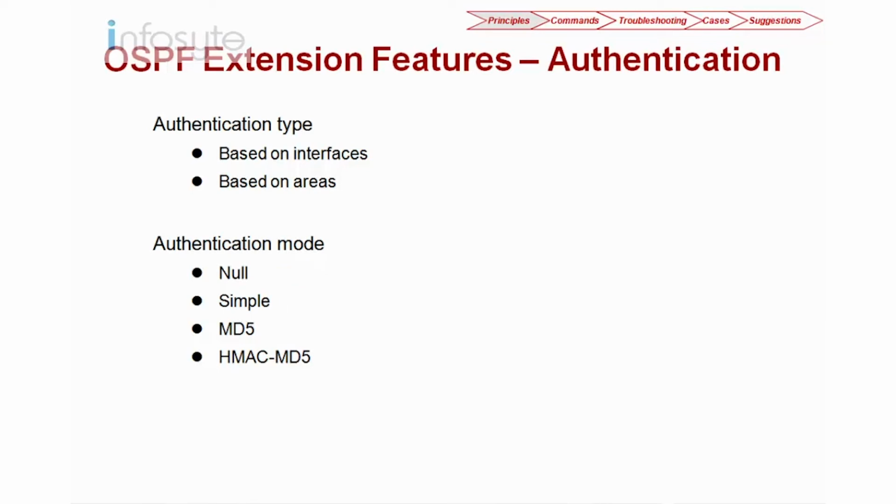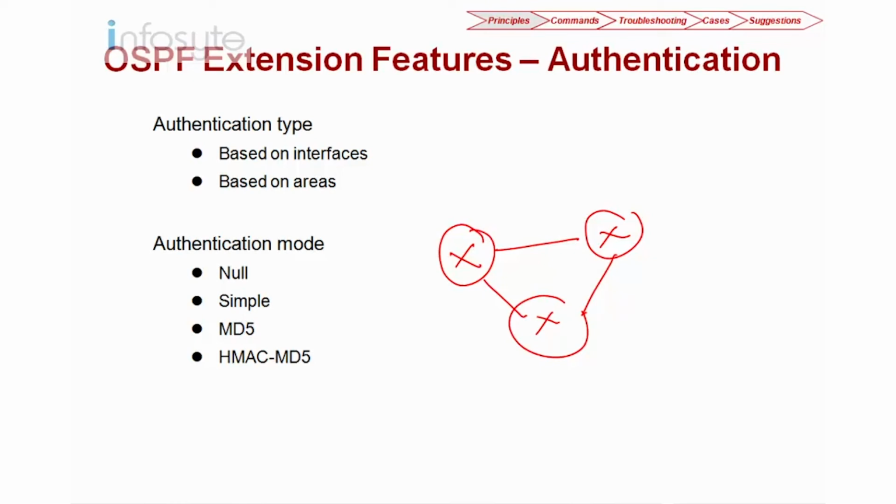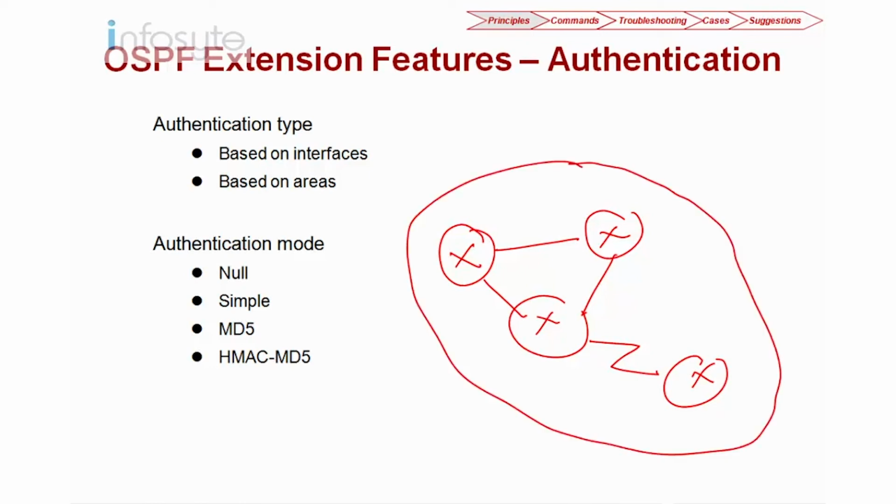What I mean by based on interface and based on areas is this. Let's say this is area 1. Within area 1, I want to perform authentication based on interface.